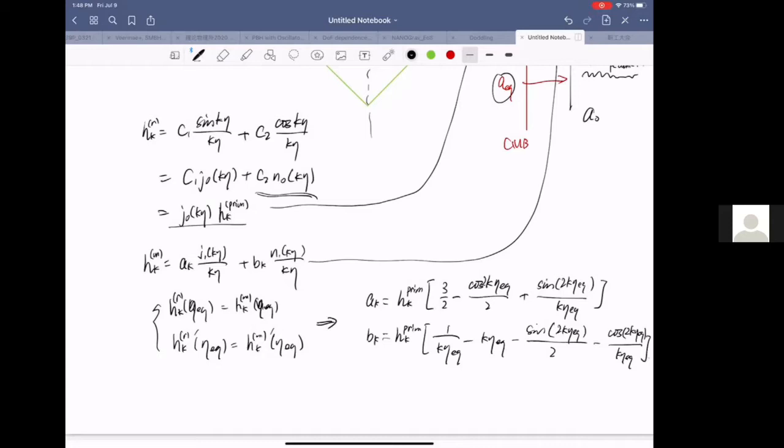So in this manner, you can see that the so-called transfer function is this factor in the squared parenthesis, called h_k of k_eq. Sorry, not just this, but also the time evolution. Let me write it explicitly.